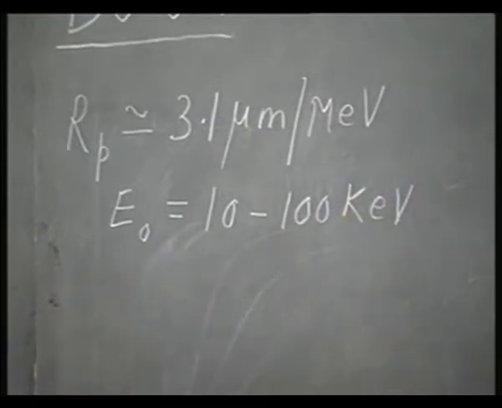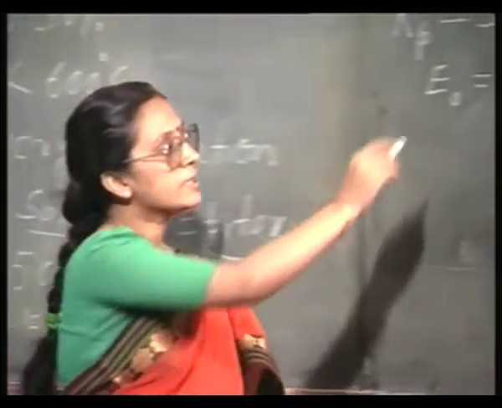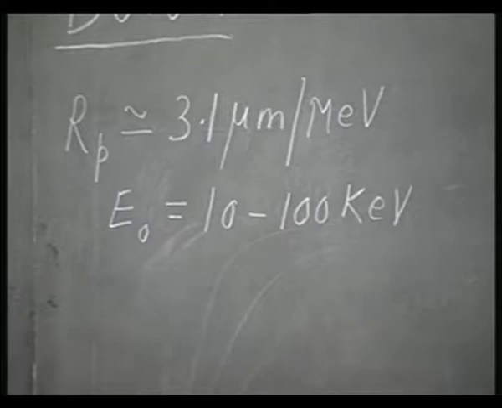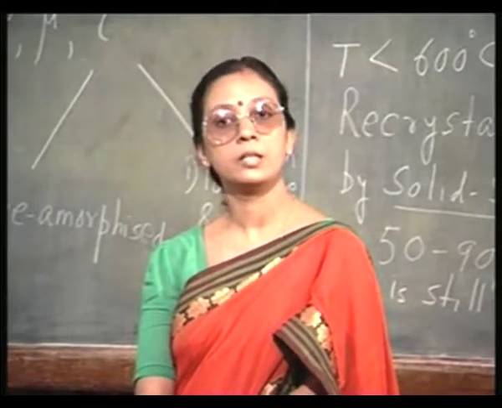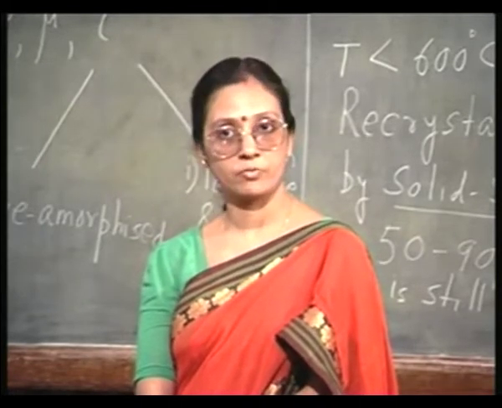since boron is a much lighter ion, usually the implantation energy is much smaller. So, for boron, for the incident energy range in 10 to 100 kilo electron volt, the projected range is given as 3.1 micrometer per mega electron volt. So, imagine it is 3 times that of phosphorus.